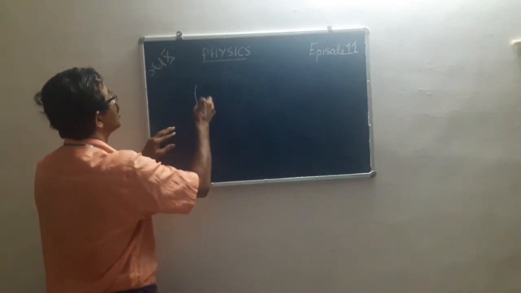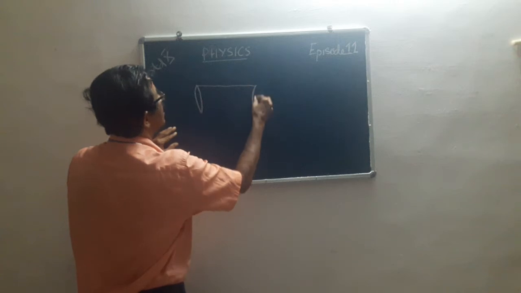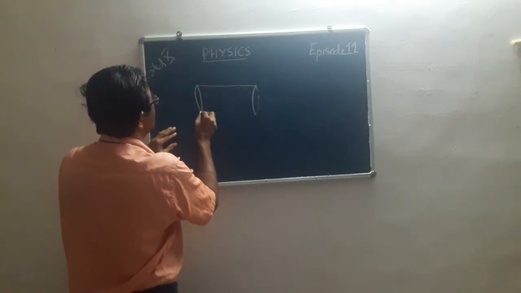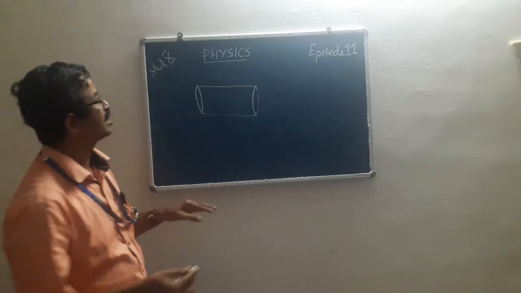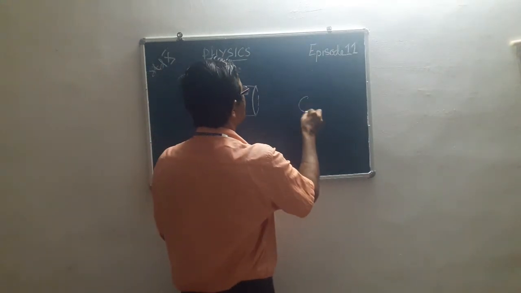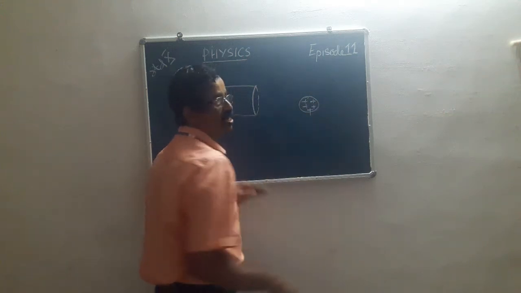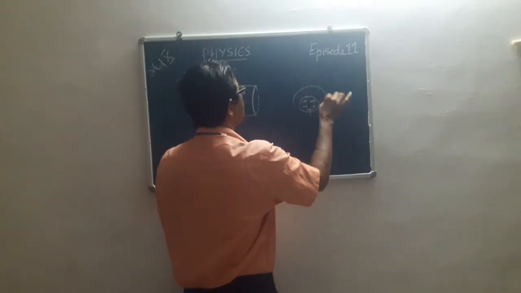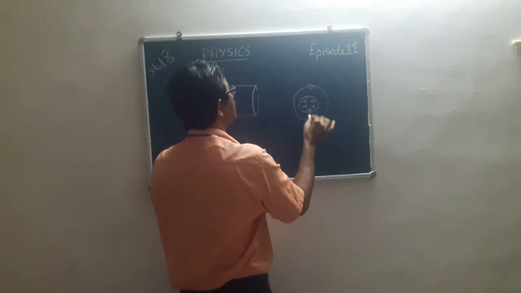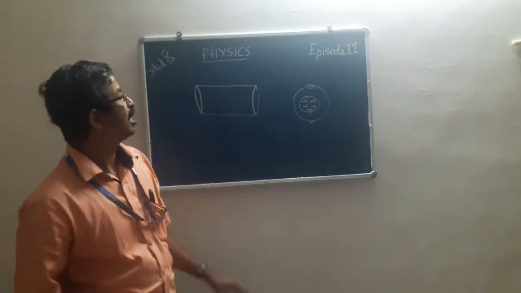Consider a metallic conductor like this. We know that in metals, the center part is the nucleus with a positive charge, and around the nucleus there are a number of shells containing electrons.